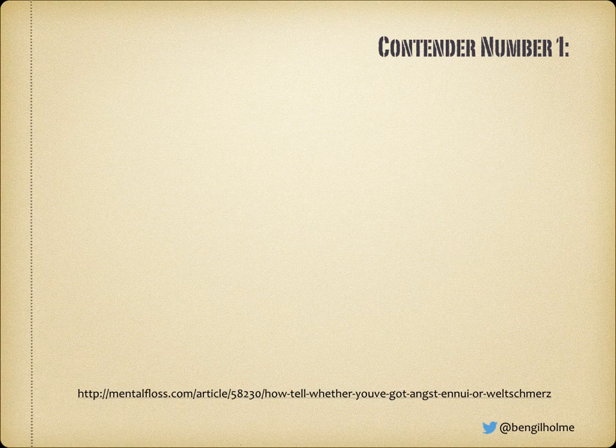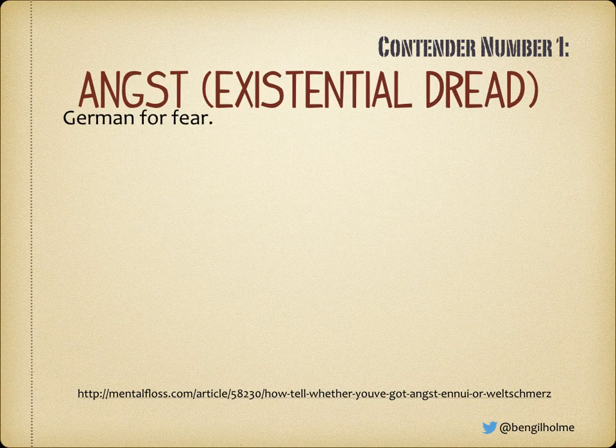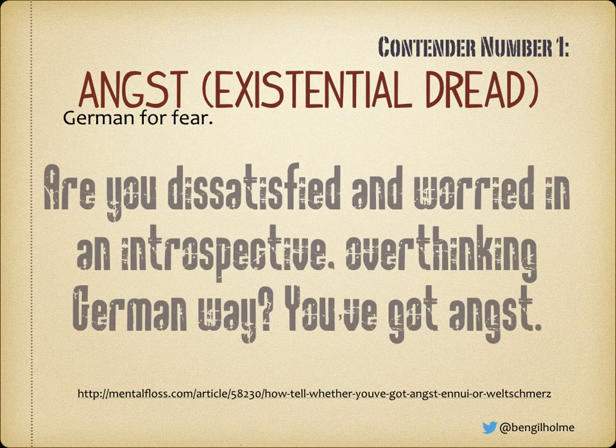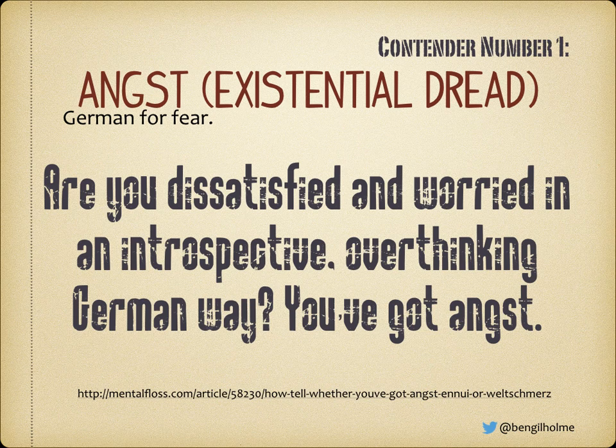You can see the links to that website down the bottom there. It's got a nice explanation of the difference between these ideas. So the first one is angst, or existential dread. It's German for fear. And the question that Mental Floss puts to us is, are you dissatisfied and worried in an introspective, overthinking German way? If so, you've got angst.